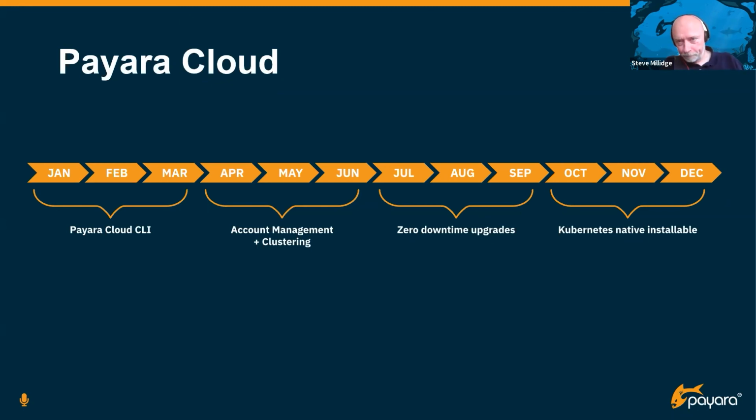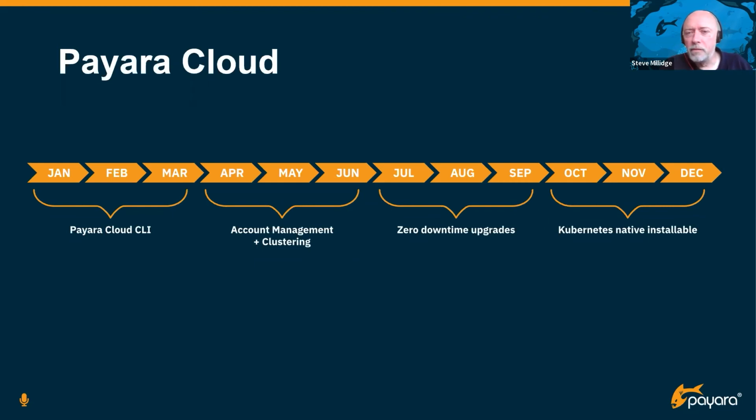So at the end of 2022, we're looking to release that as a whole infrastructure piece of software that you could use and deploy into your own Kubernetes infrastructure. So Payara Cloud has a roadmap that's developing and is looking really exciting as a sort of next generation way of deploying to cloud infrastructure.